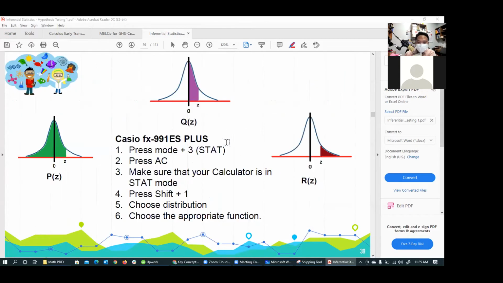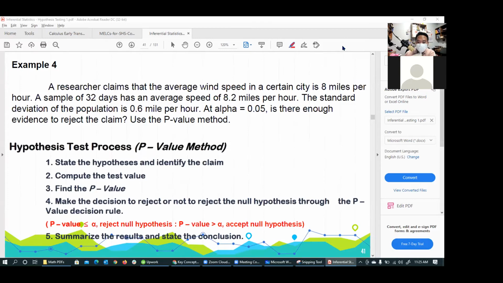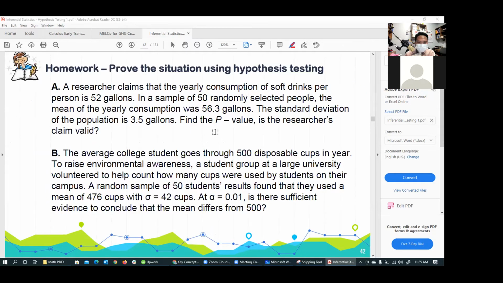All right. So, can you try to solve this? Sige.